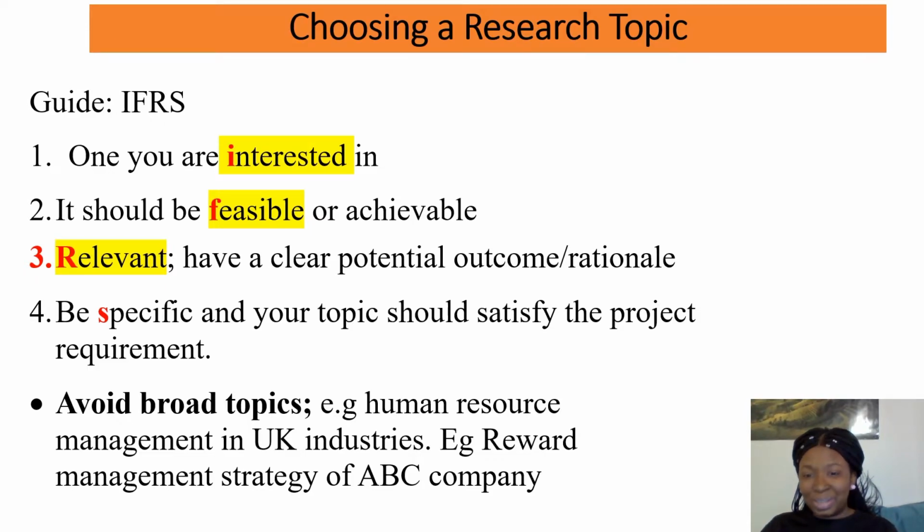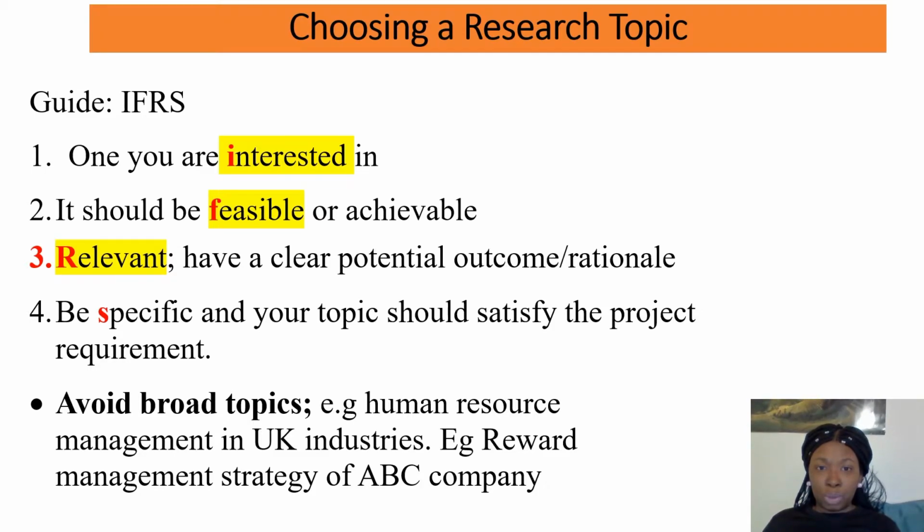And then you want to be specific. You want your topic to also satisfy the research or project requirements. Again, it depends on what you are researching and what the particular proposal is aimed at. Obviously, if you're doing a module, there will be certain elements within the rubric that you need to follow. If you are doing a research proposal for a PhD, obviously the elements required would potentially be different.